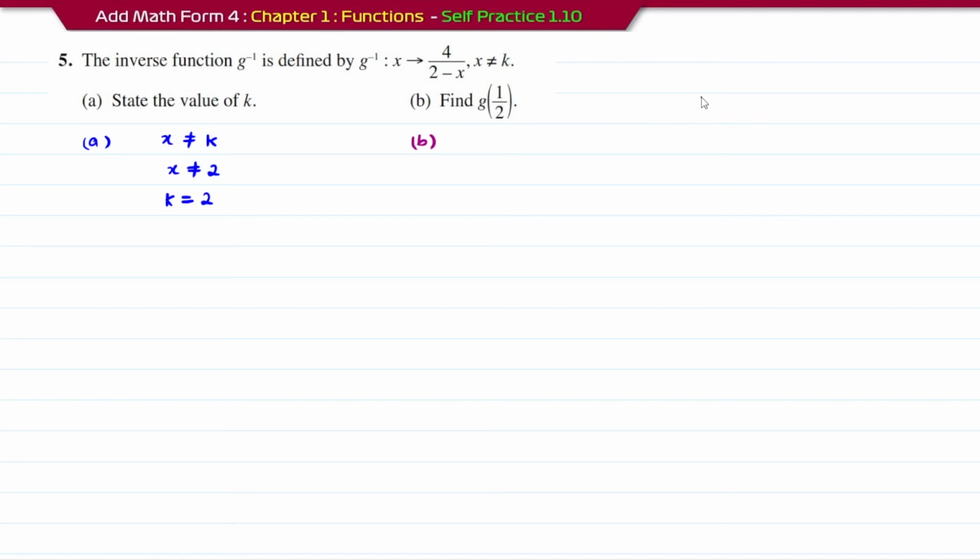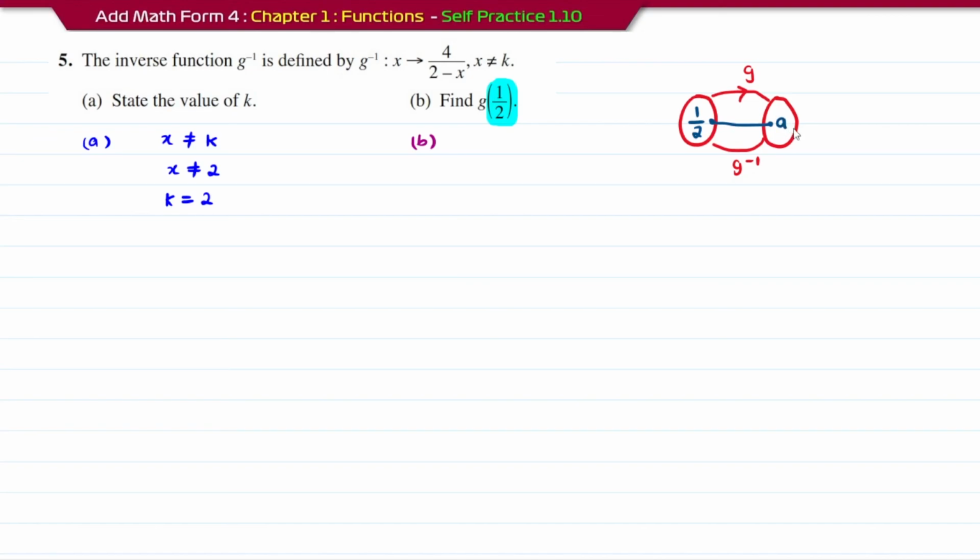So let us draw the arrow diagram here first. So this is the g and this is the inverse of g. So this 1 over 2 here is the object of the g. So this 1 over 2 will be here. So we want to find this 1 over 2 will be mapped to another number which we don't know now.